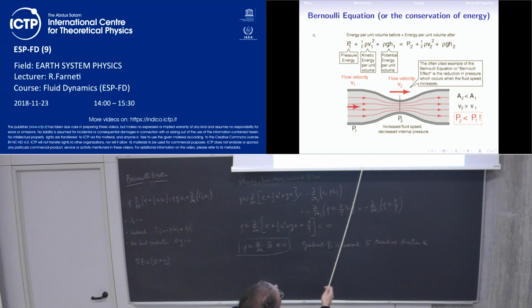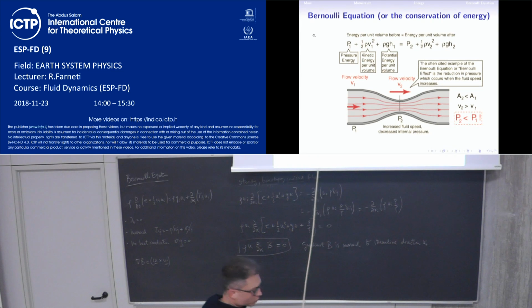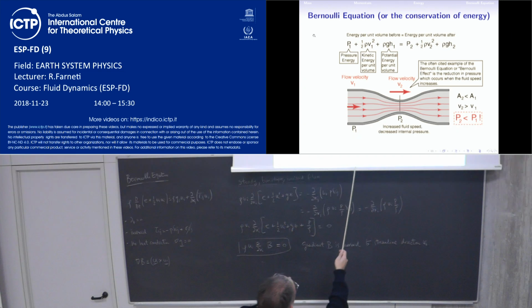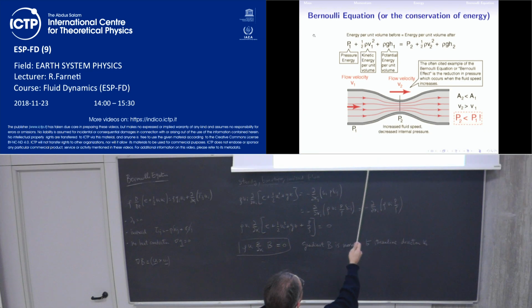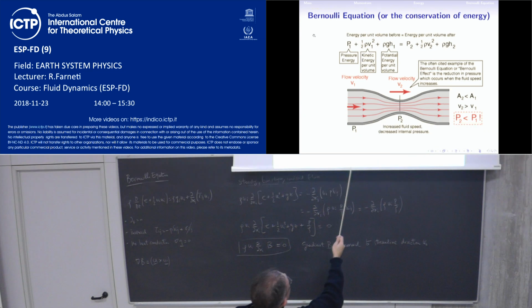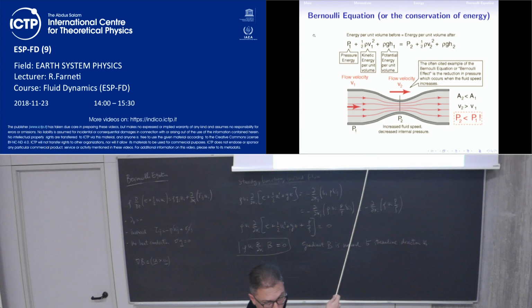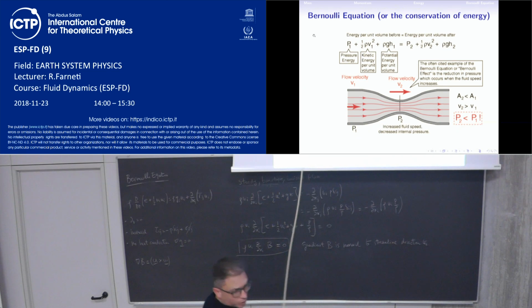Because the Bernoulli function has to be constant and equal at the two points, the pressure energy and the kinetic energies are different. If the kinetic energy is larger because the fluid increases in speed, the pressure energy has to decrease in order for the Bernoulli function to stay constant.